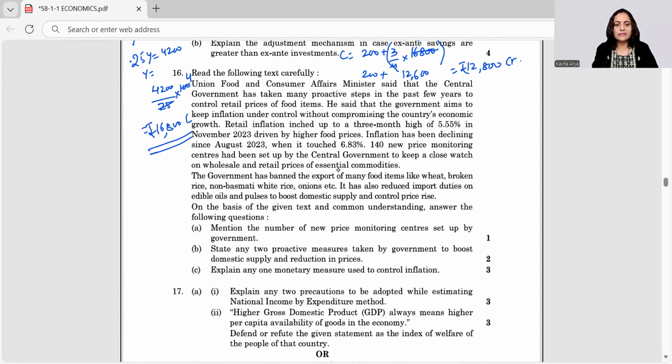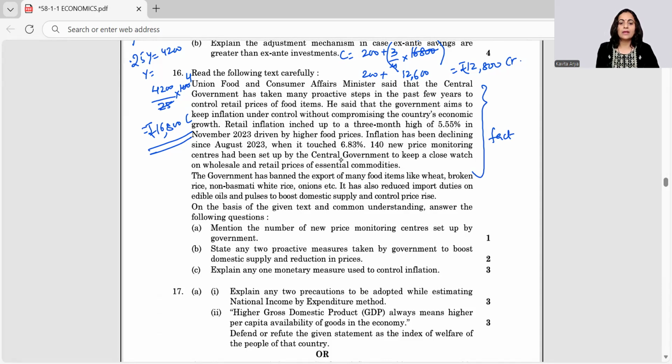Inflation has been declining since August 2023, when it touched 6.83%. 140 new price monitoring centers have been set up by the government to keep a close watch on wholesale and retail prices of the essential commodities. Okay, so this paragraph basically talks about the problem and the fact.